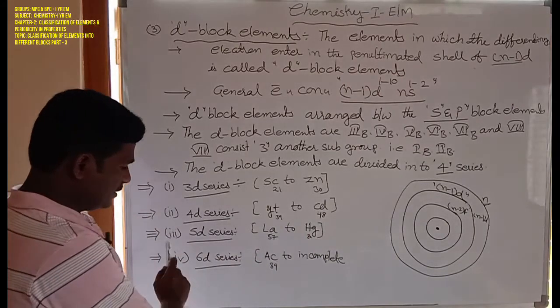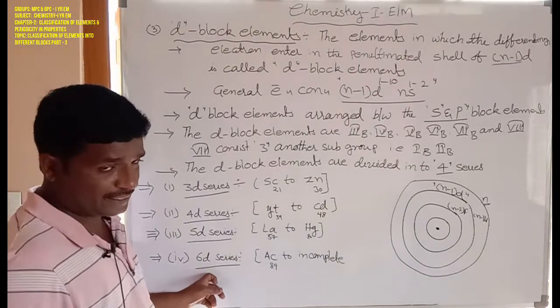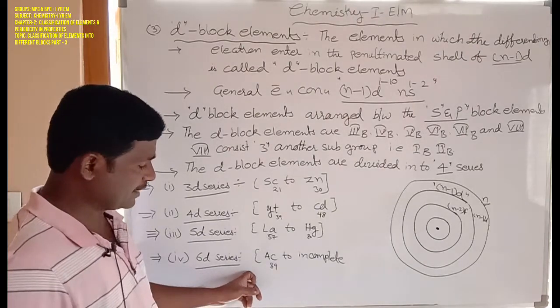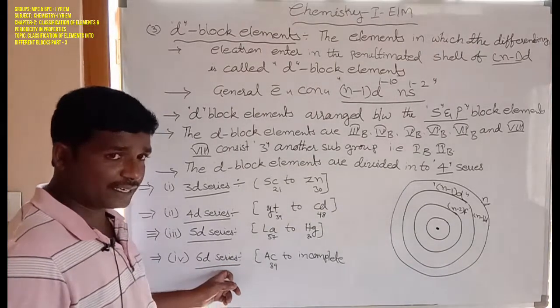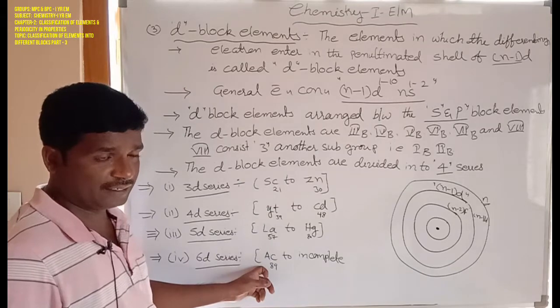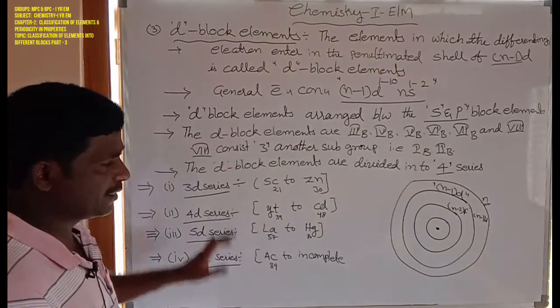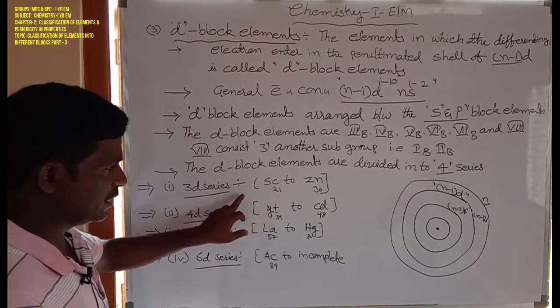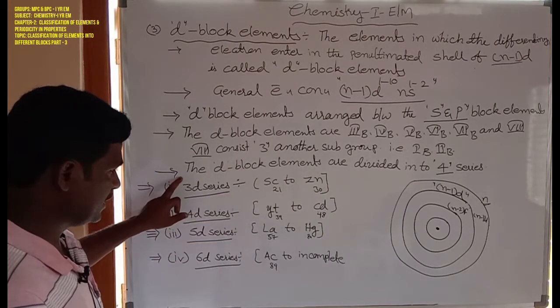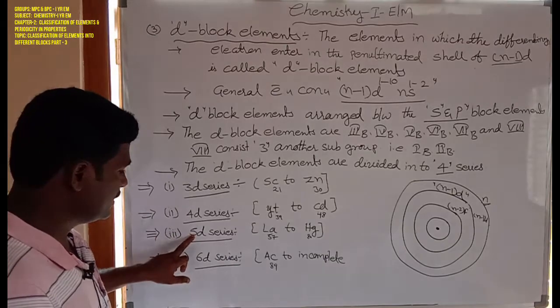Next is the 6d series, starting with actinium and incomplete. So the d block elements are divided into 4 series: 3d, 4d, 5d and 6d.